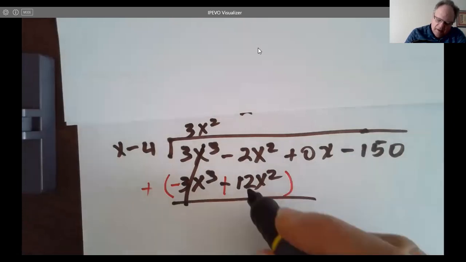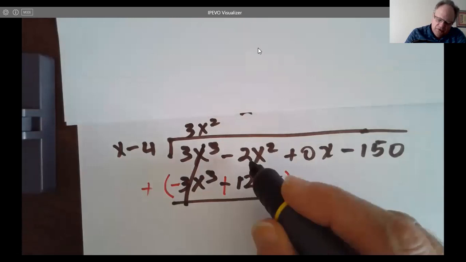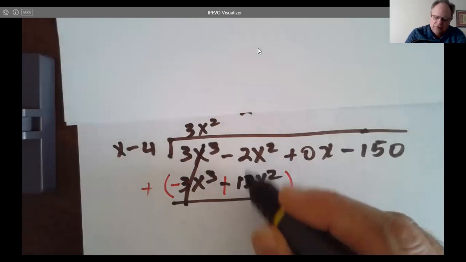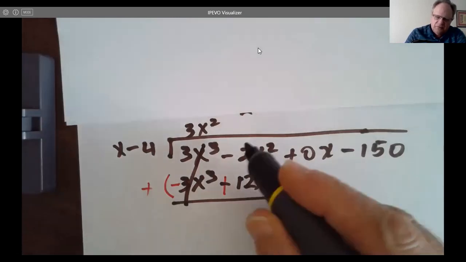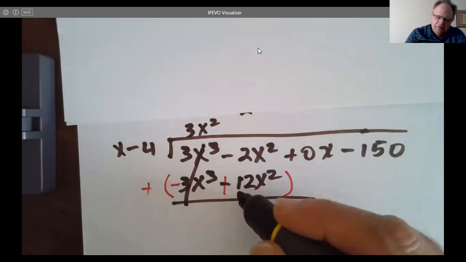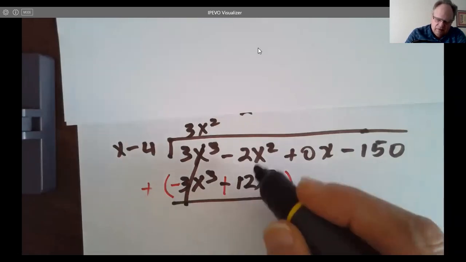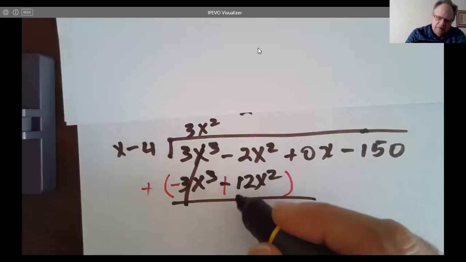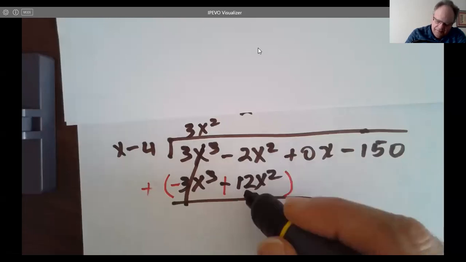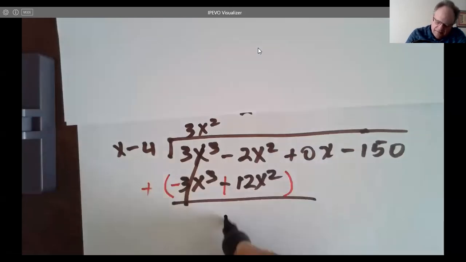Next, we look at a positive 12x squared and a negative 2x squared. So the signs are opposite, so we subtract. Well, positive is greater than the negative. There's 12 positives and only 2 negatives, so we're going to get a positive. 12 minus 2 is 10.